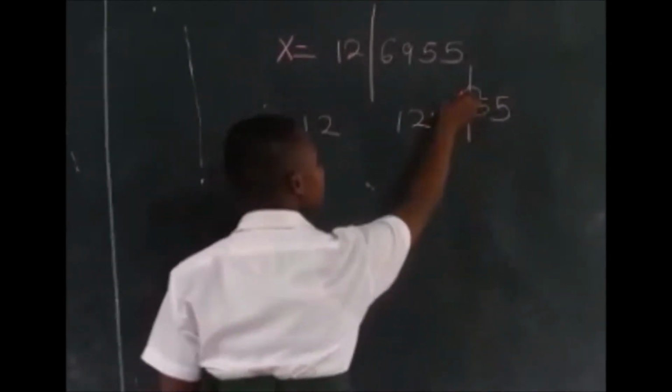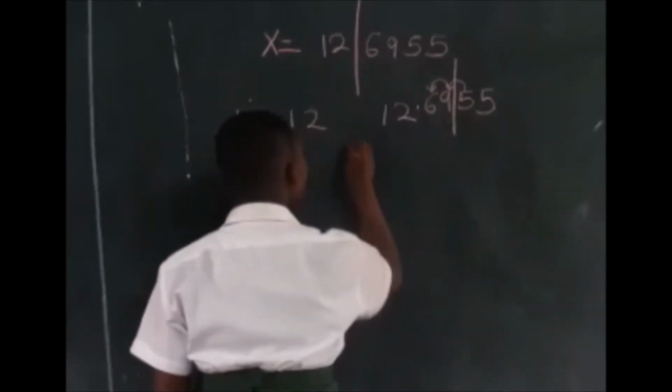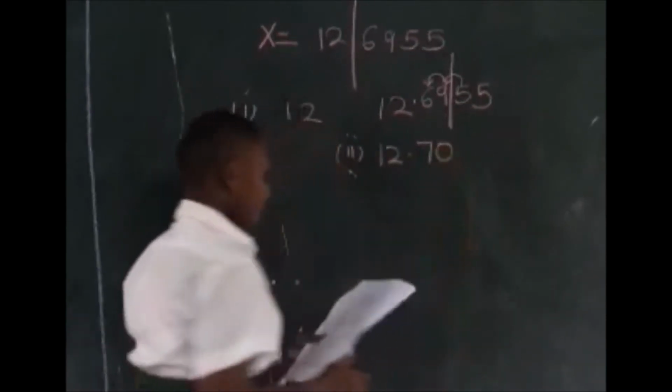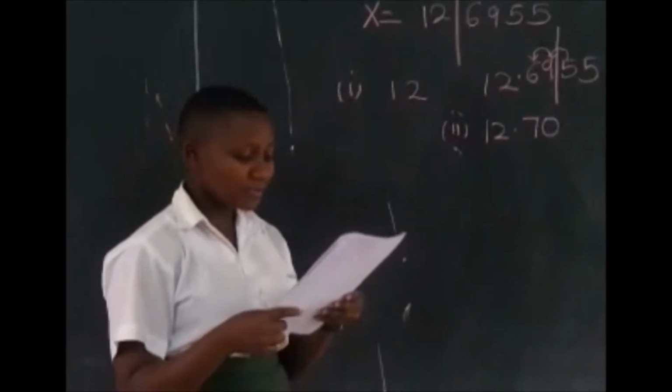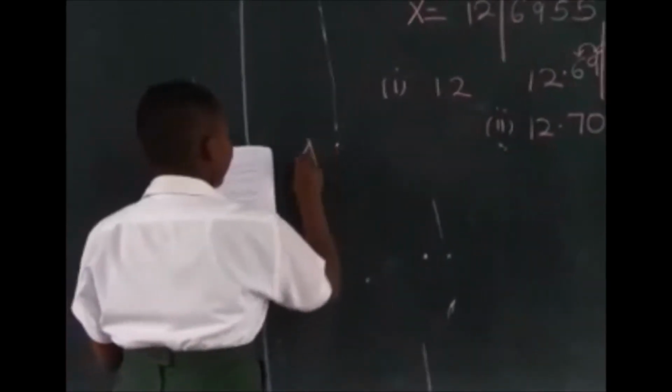So we are first going to shift here and then it becomes 70. So the answer will be 12.70.